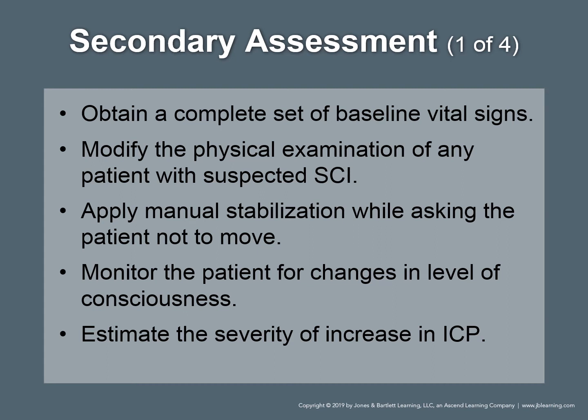If you have a drop in the Glasgow Coma score of greater than 2 points, that is considered a serious reduction in status, and that gives you a belief of a serious head injury, serious spinal cord injury. And you can try to estimate the severity of the increase in ICP, and this usually presents itself with the Glasgow Coma score.